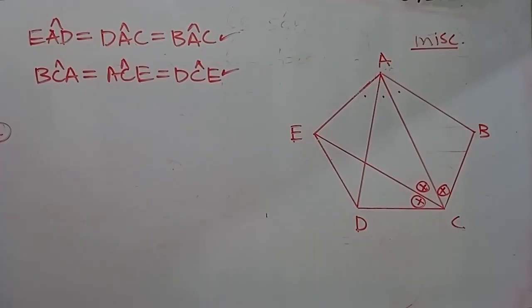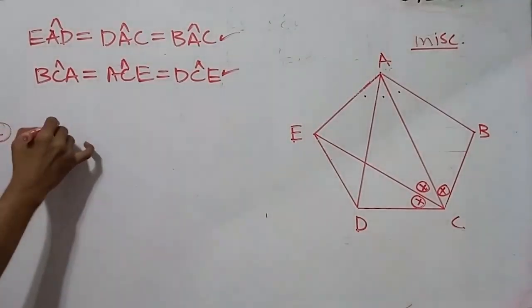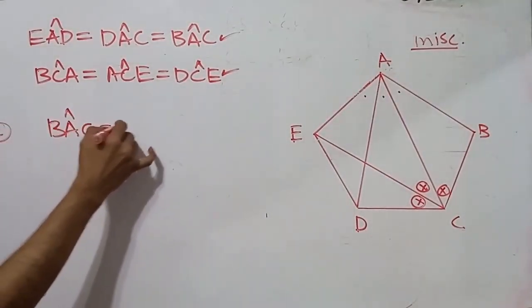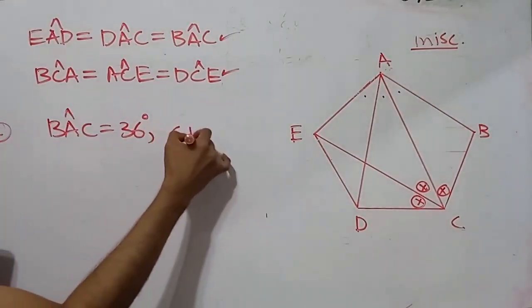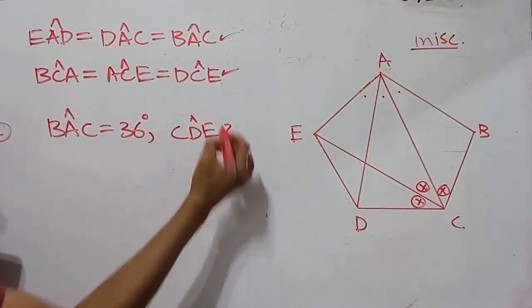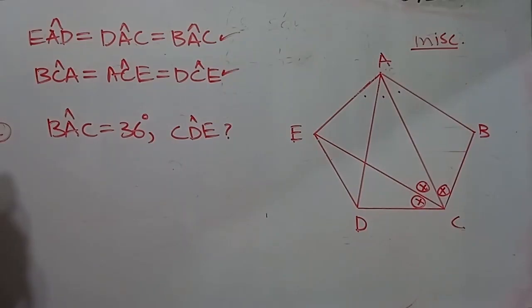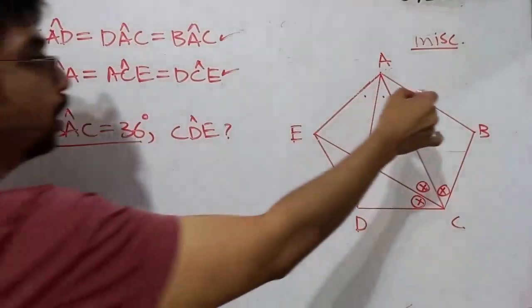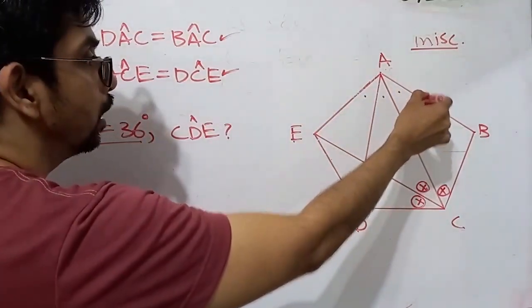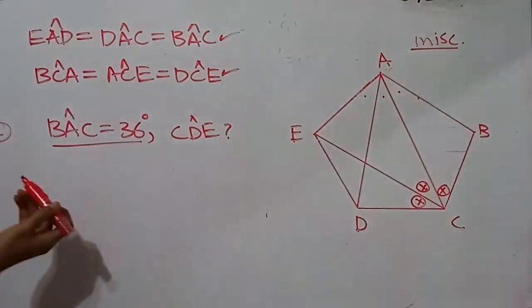They are asking, if BAC is 36 degrees, the magnitude of CDE. What is CDE? BAC means this total angle is 3 times BAC, no?